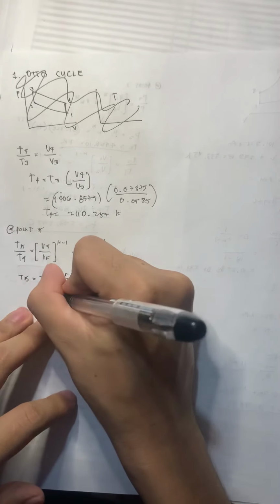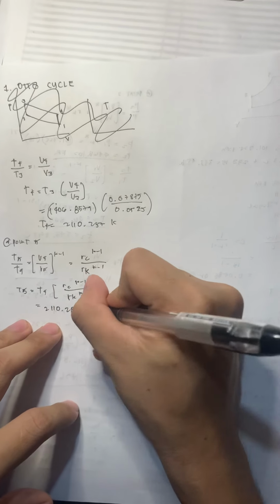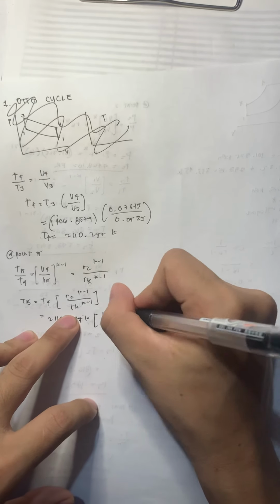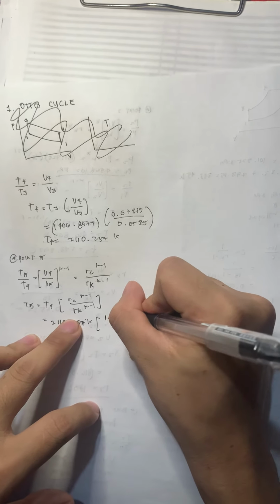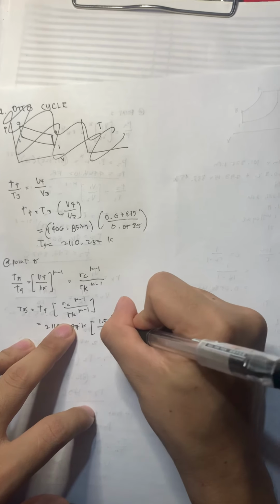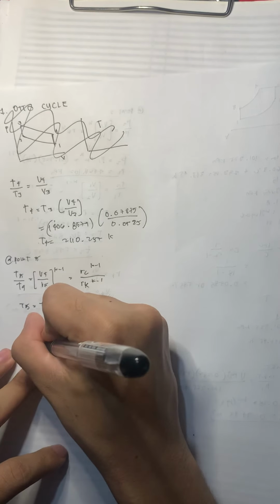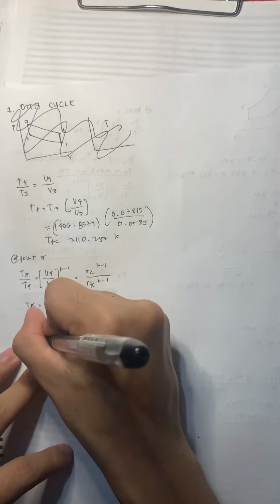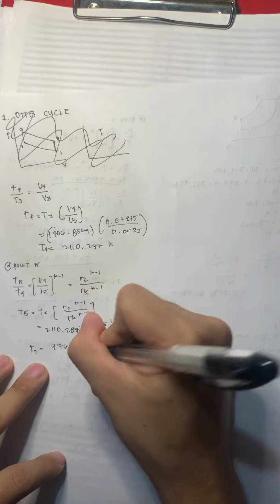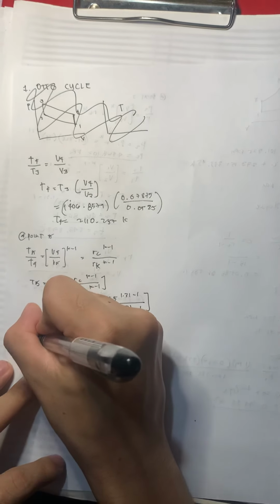Then substituting the givens, 0.287 Kelvin, the cutoff ratio is 1.5 raised to 1.31 minus 1, over 18 to the 1.31 minus 1. Solving for this, we will have the value of 976.777 for T5.